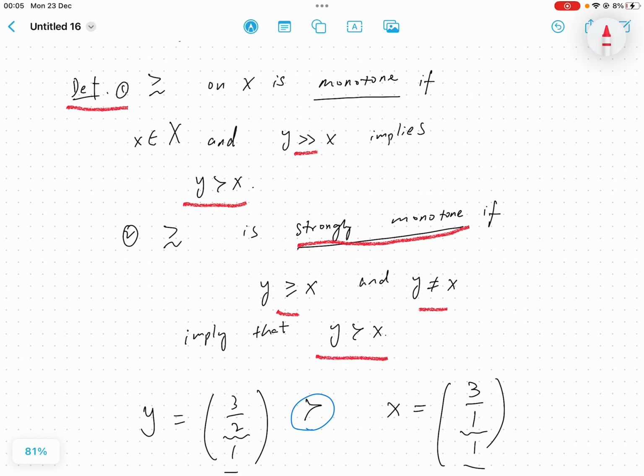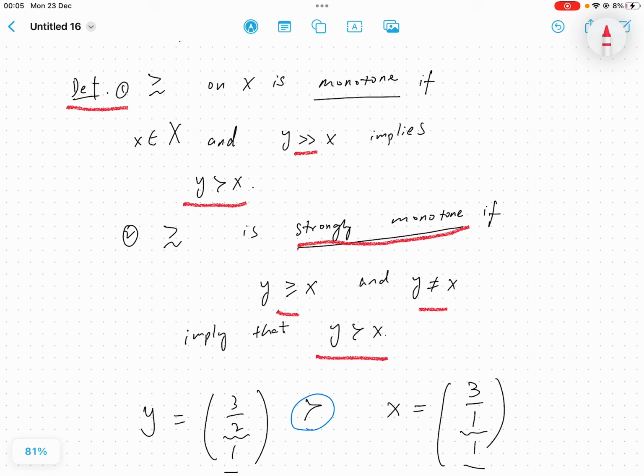This is the requirement for strong monotonicity. Strong monotonicity actually implies monotonicity. The second definition is a stronger requirement, and that's why it is called strong monotonicity.